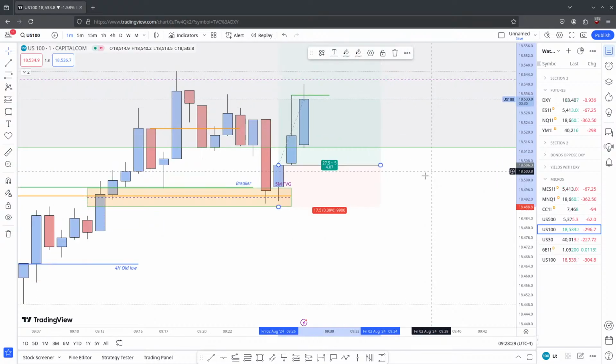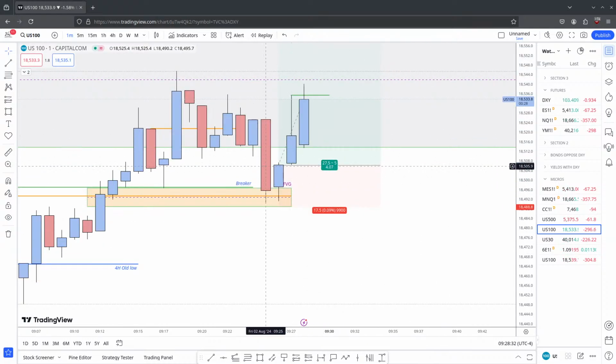Tighten that stop, because I didn't catch the best entry. You're not going to get that real sniper entry all the time. Sometimes you're going to get an entry like this one, because I was looking at higher time frames and looking at dollar here, looking at what's going on around us.